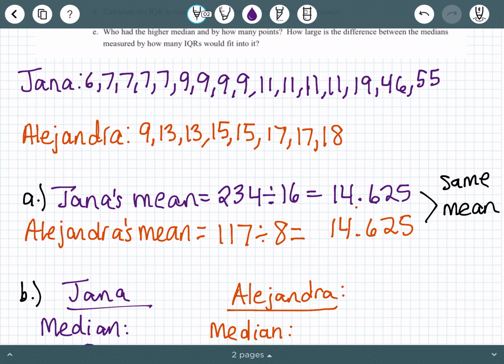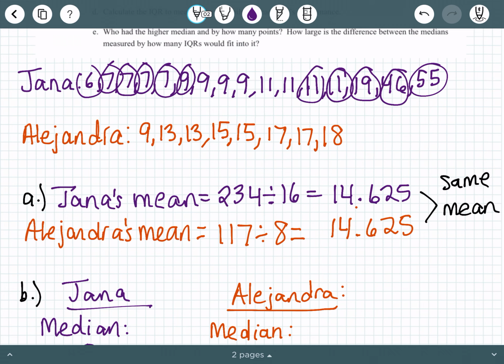when we find the median, let's see. So I always start by going from either end and working towards the center. All right, so it looks like it's between 9 and 9. So the average of 9 and 9 is going to be 9.